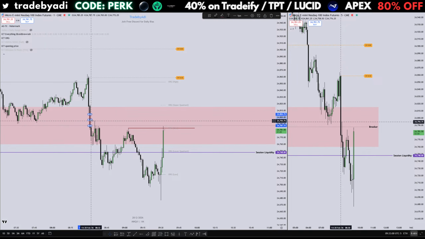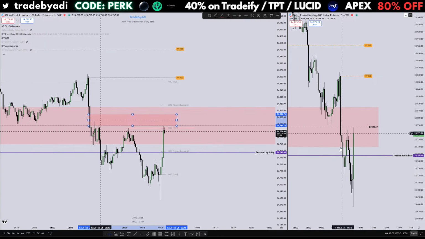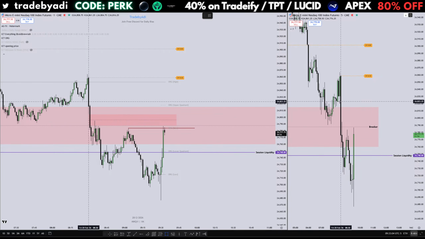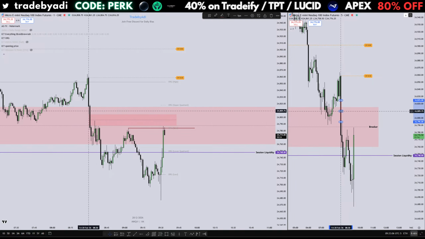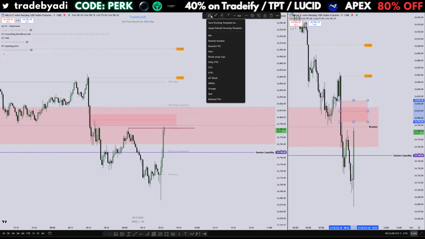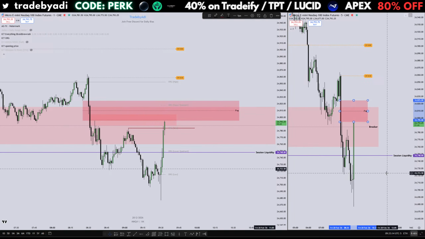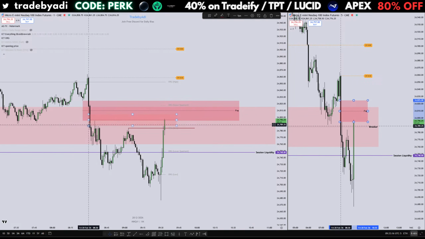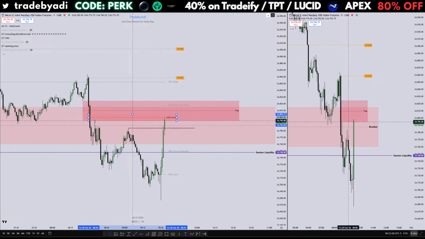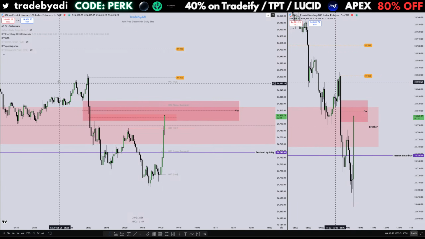So we do have this FVG, and I think we have a fair value gap on the 5 minute. This 5 minute bearish FVG, and let me sync this in the layout. So this is the only FVG we are going to consider, and we do have two FVGs.